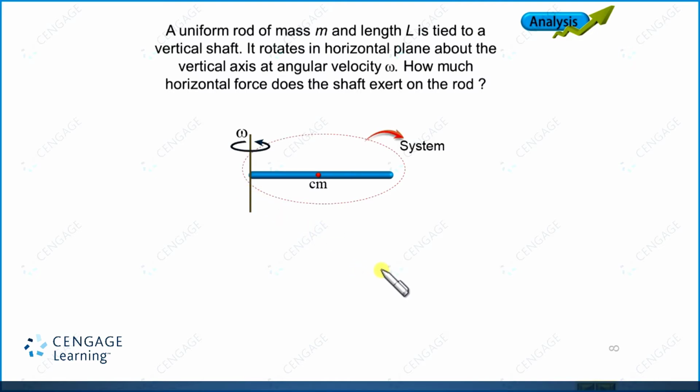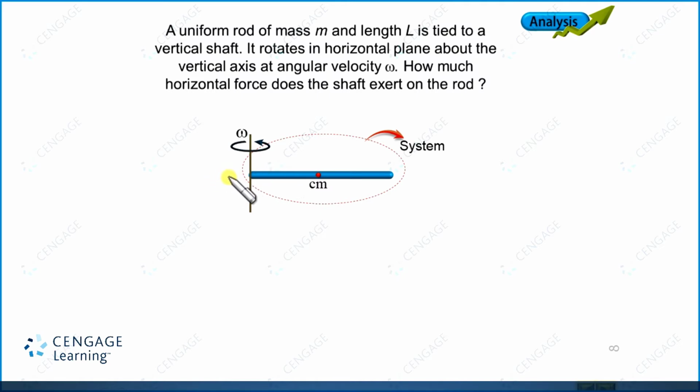Now let us find what are the external forces acting on the system. As we have considered this as a gravity free space, we need not bother about the weight of the rod. The external force will only be the force exerted by shaft on the rod. Now the question arises, in which direction should this force be, leftward or rightward?